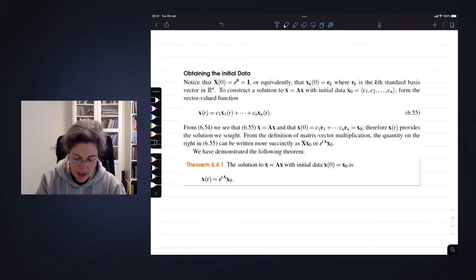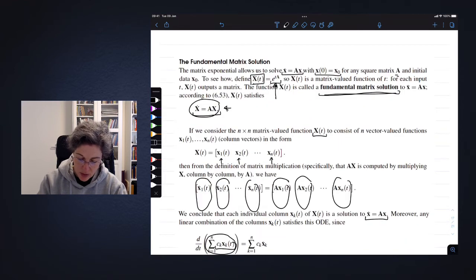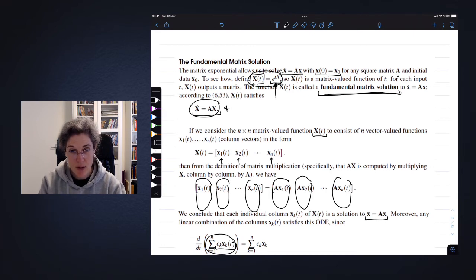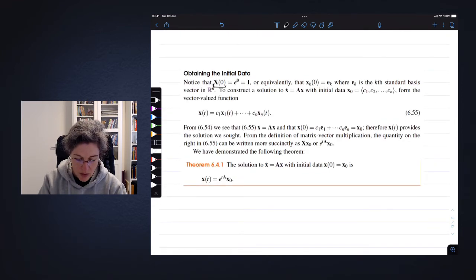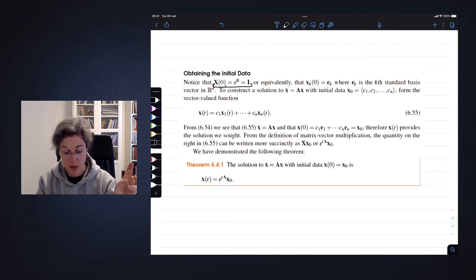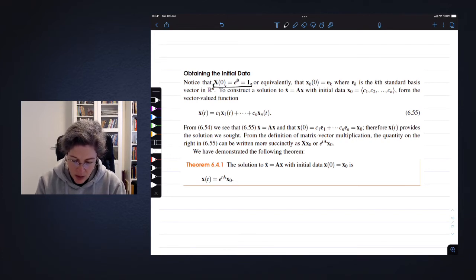If we look at our fundamental matrix solution, that's this thing over here, defined by this. If we put in 0, then we've got e to the 0 matrix, which we know is the identity. So the initial condition for the fundamental matrix solution is the identity.